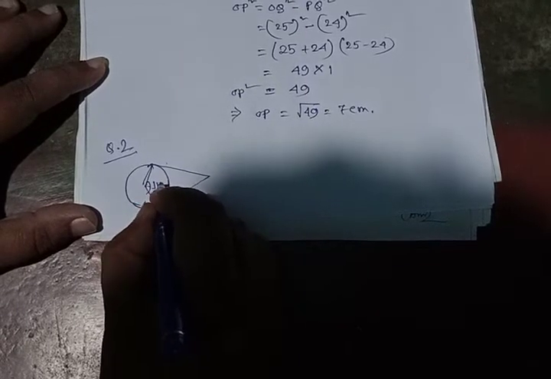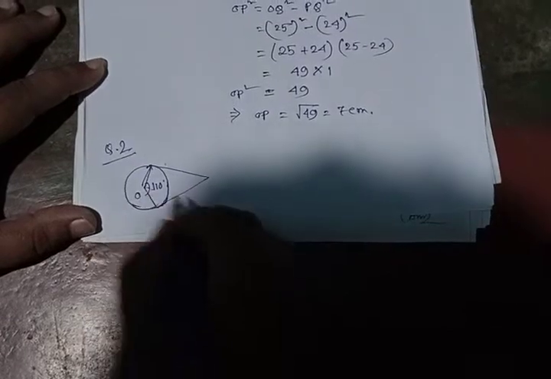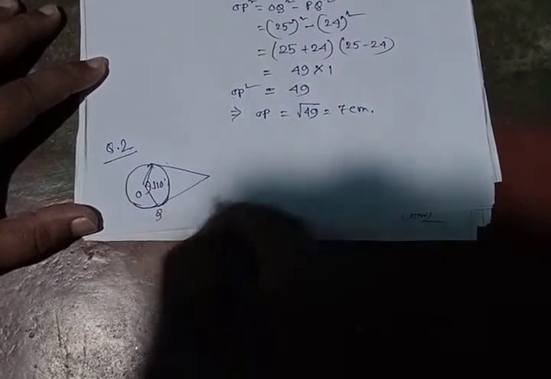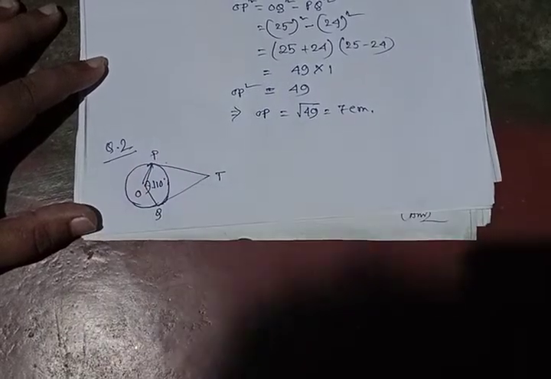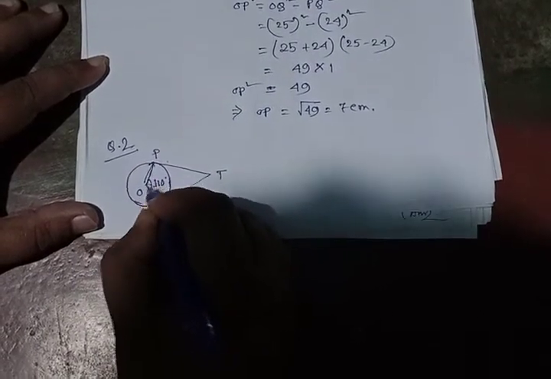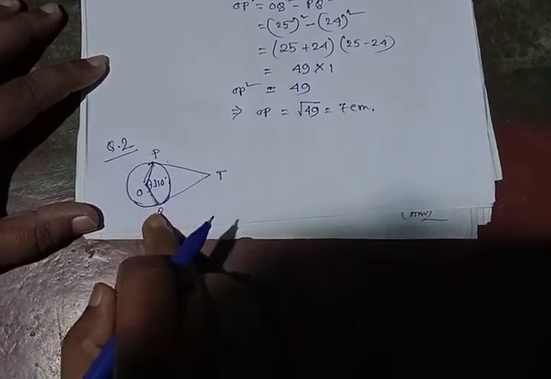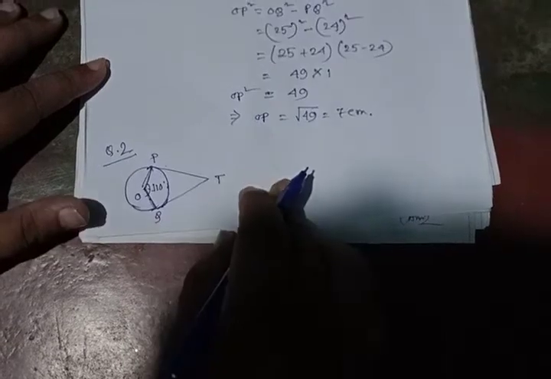This is 110 degree, and this is O, Q, T, this is P. Now OP and OQ are the radius of the circle, and TQ and PT are the tangents.